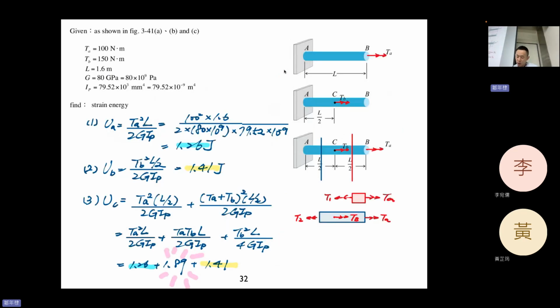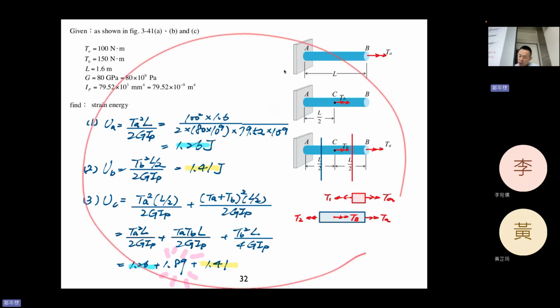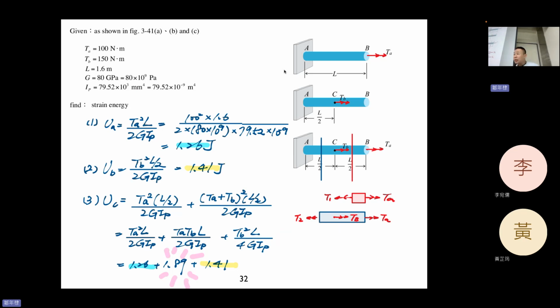The conclusion of this example is that the strain energy cannot be superimposed, which means that if you have multiple loading cases, you cannot just sum each of them separately. You need to calculate them together because they have a coupling term.